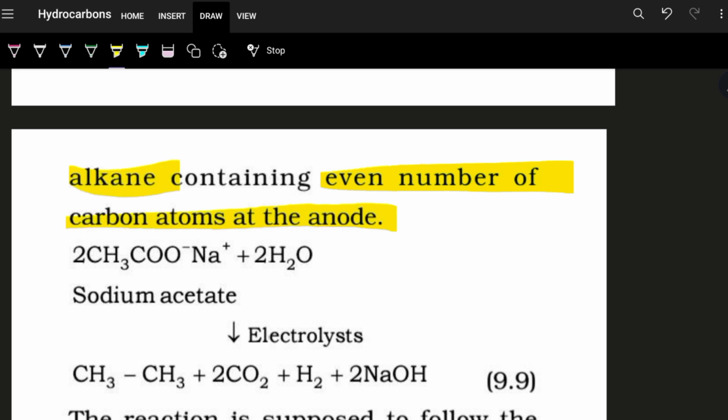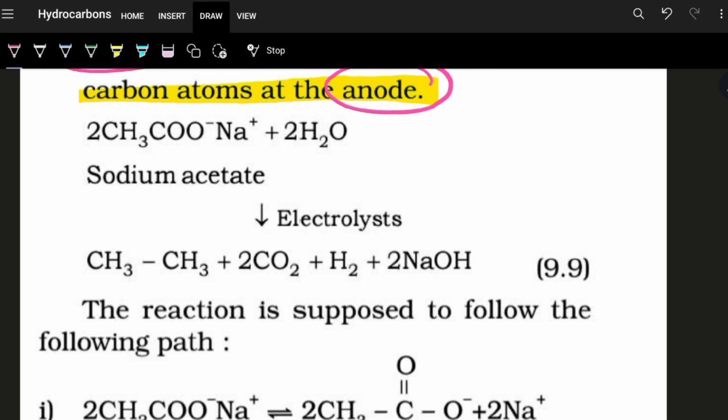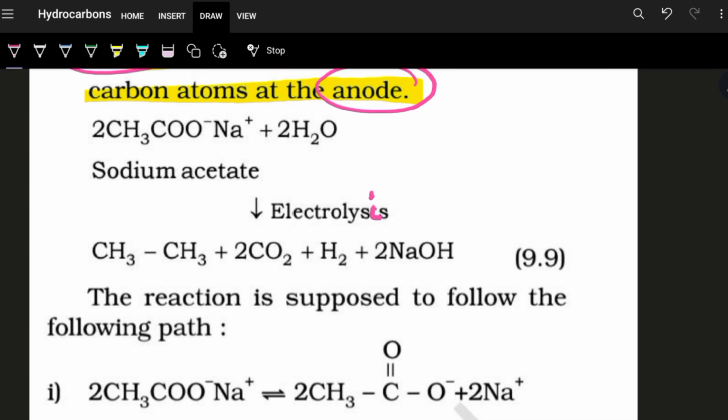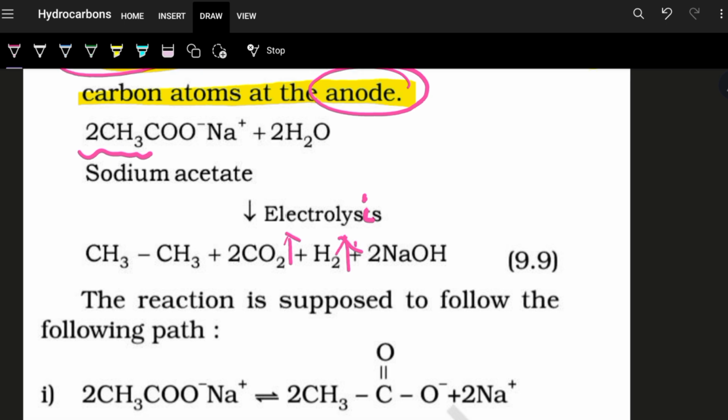The alkane is obtained at the anode, and it is essential to see how. Sodium acetate, 2 moles, with H2O, electrolysis: you get 2 moles of CH3, plus 2 CO2, plus H2, plus 2 NaOH.